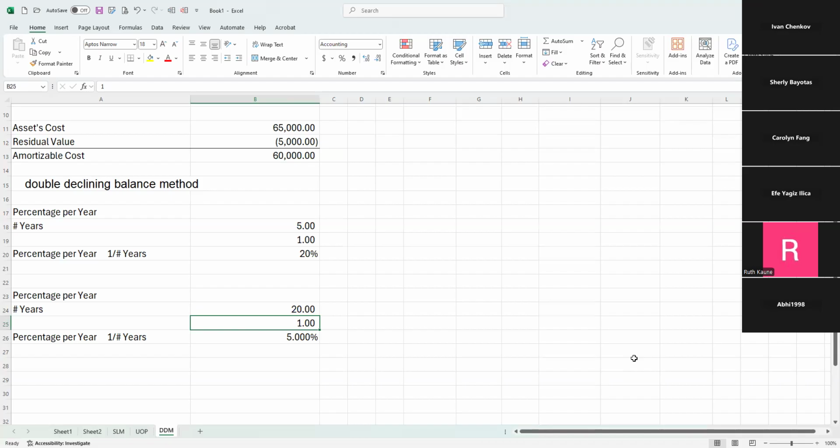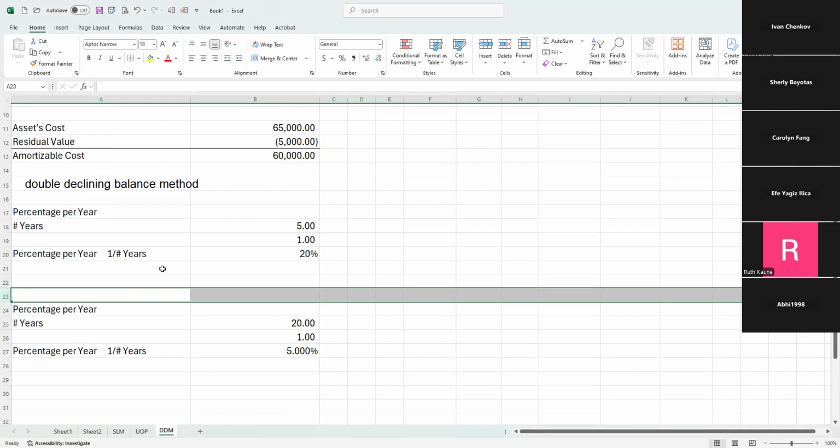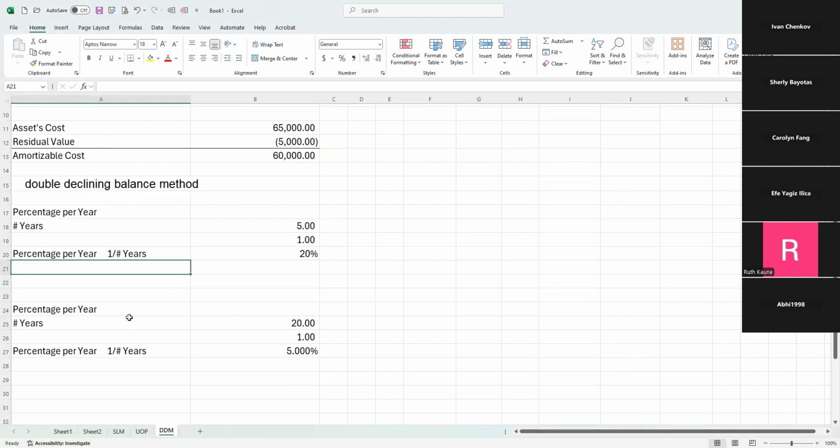Now, once we get the simple percentage per year, then we have to check which method we're using. And if you're using double declining, what do you have to do? Double the percentage.